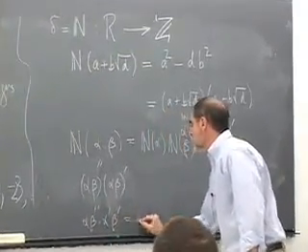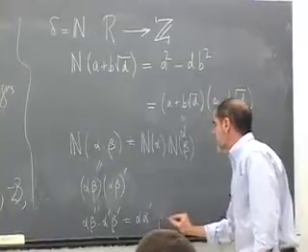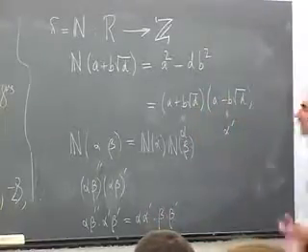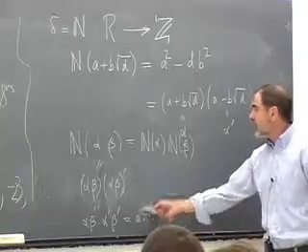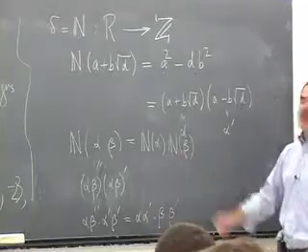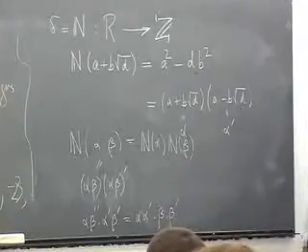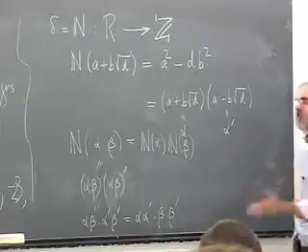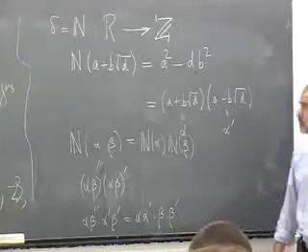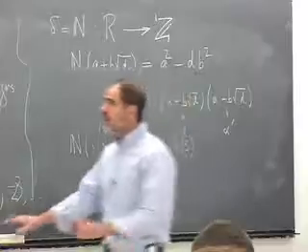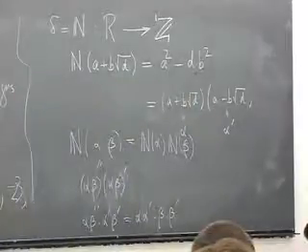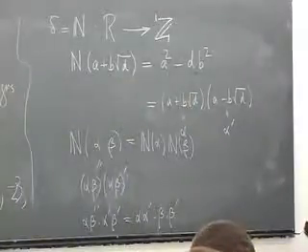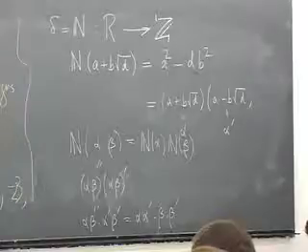And then you rewrite it as alpha alpha prime times beta beta prime, using the fact that multiplication is commutative in this ring. And then you recognize this is the norm of alpha and this is the norm of beta. So it's multiplicative. It's not additive, but at least it's multiplicative. Okay, so this will allow us to identify, as we did in the Gaussian numbers, what the units of the ring are.